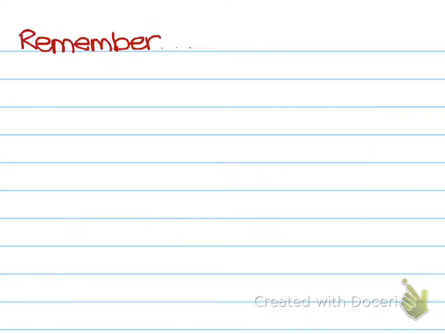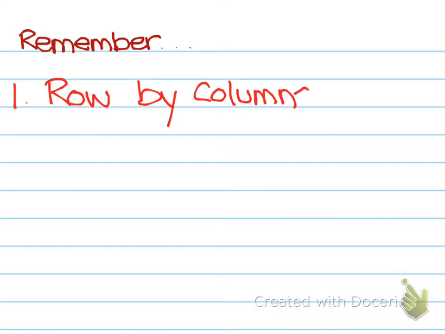Okay, so I want you to remember first that when we identify a matrix and the dimension, we do rows by columns. I also want you to remember that you need to be able to identify the elements of a matrix and their position.